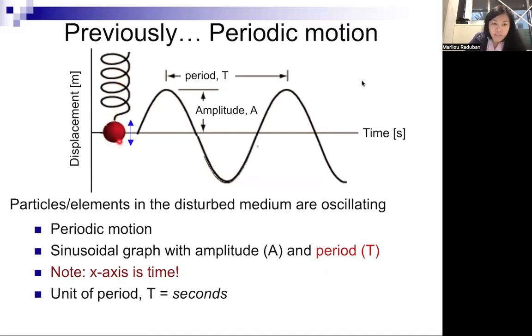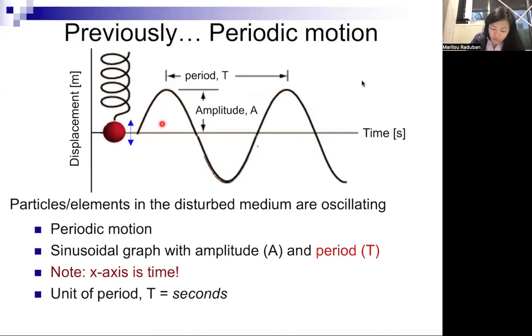We can represent the motion of this object using the sinusoidal graph. And we've defined the amplitude as the maximum displacement from the equilibrium of this oscillating object. And we define the period as the time it takes for one oscillation. And in the sinusoidal graph, it's the distance between two successive points in the graph.